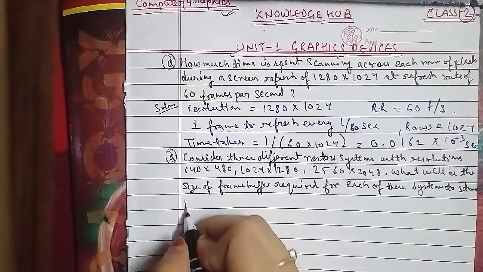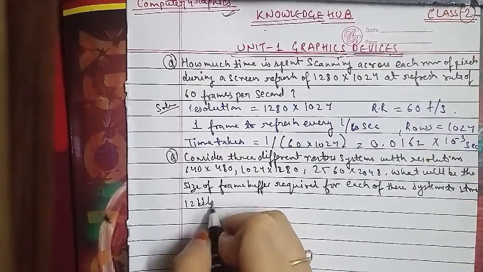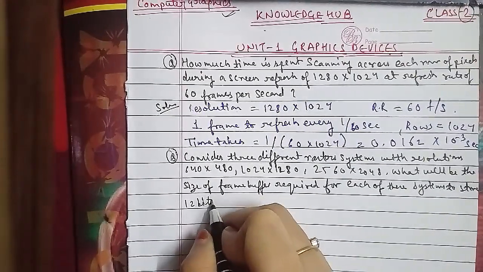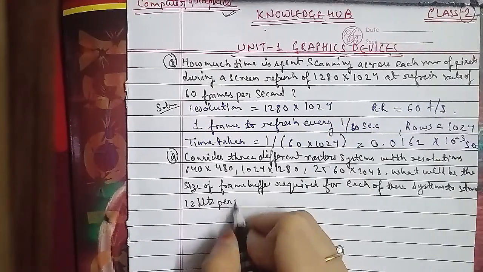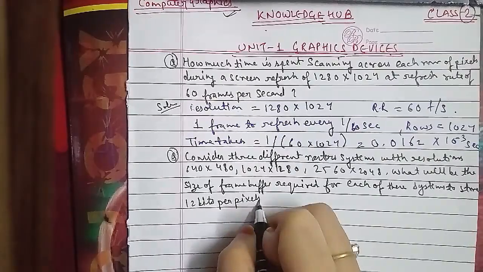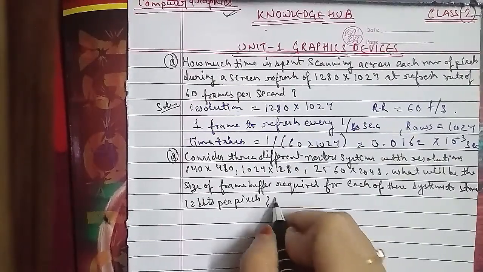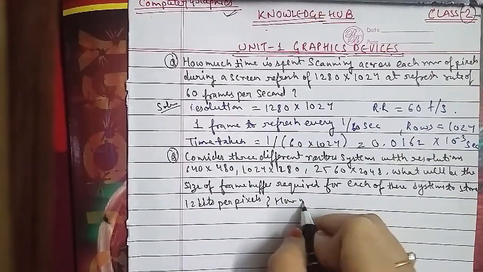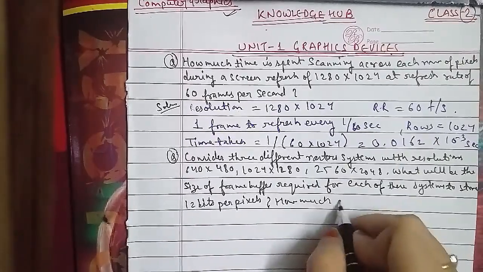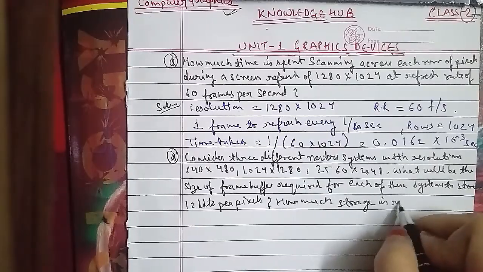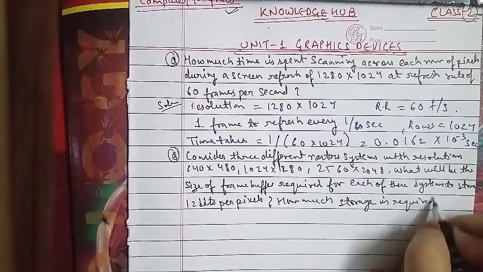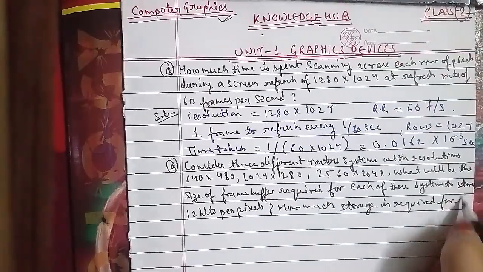How much storage is required for full color, that is 24 bits per pixel?